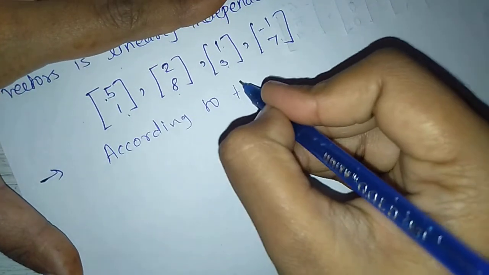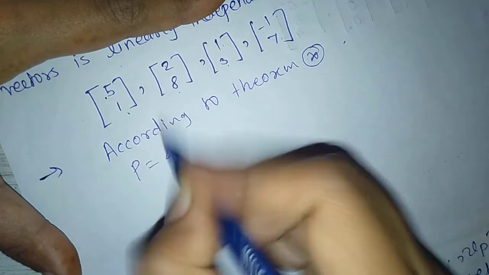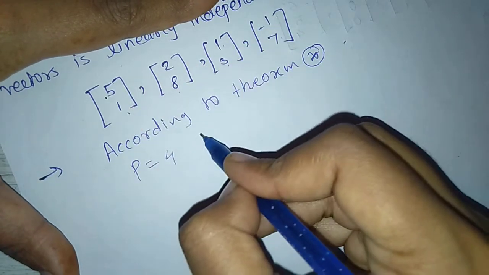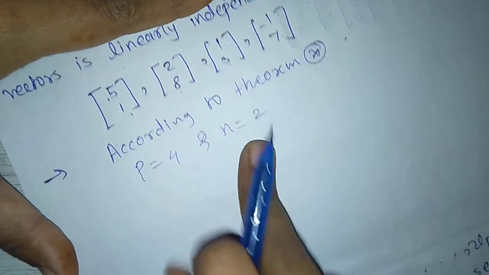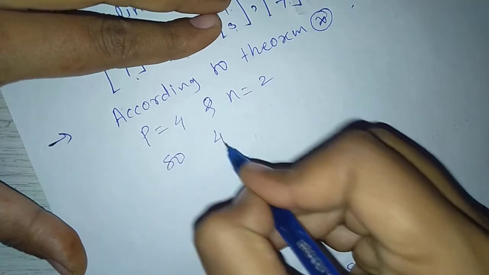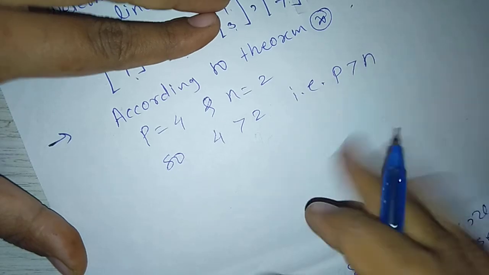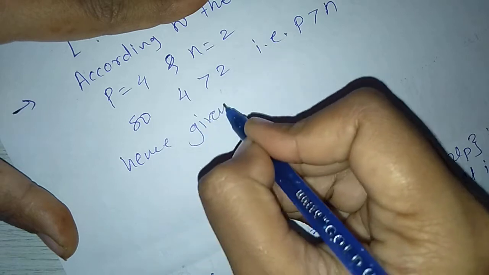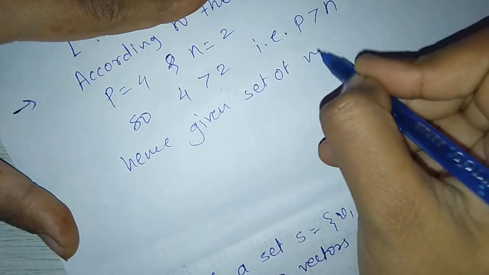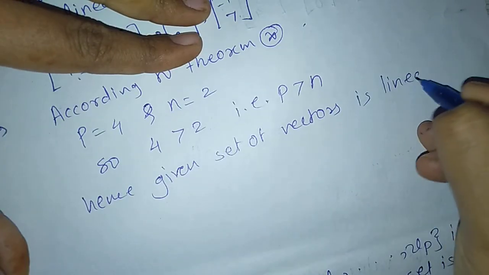According to theorem star, p equal to 4, number of vectors 4, and n equal to 2, vectors containing 2 elements. So here 4 is greater than 2, that is p greater than n. Hence the given set of vectors is linearly dependent.